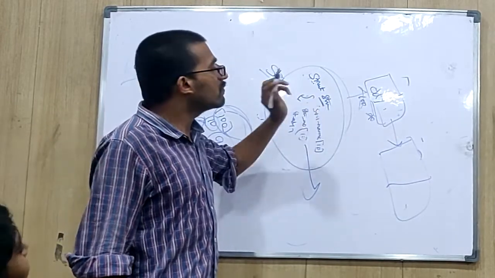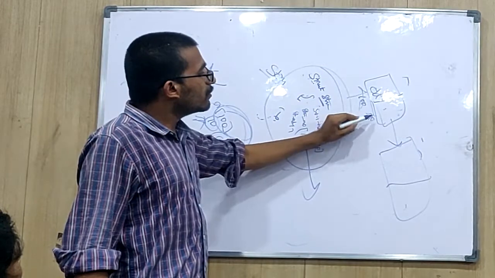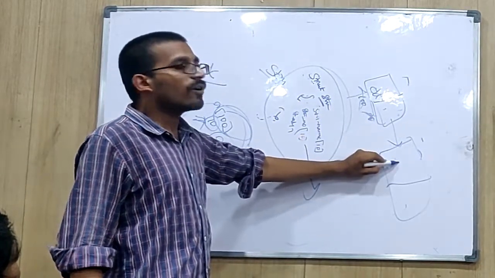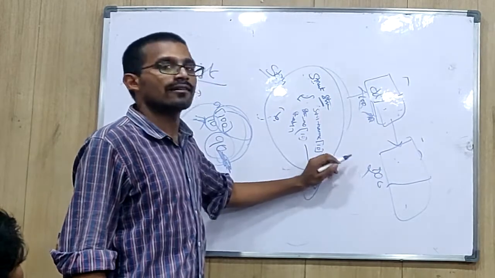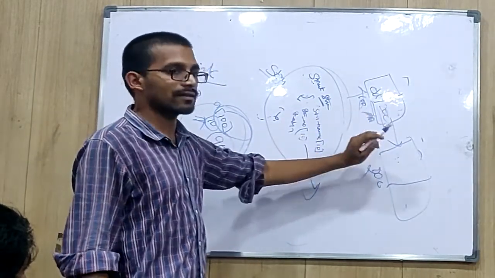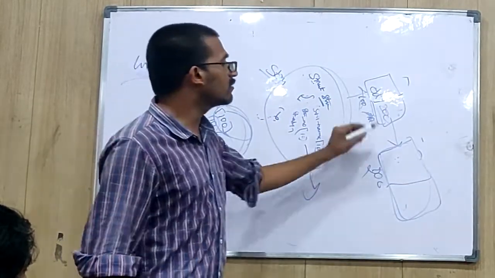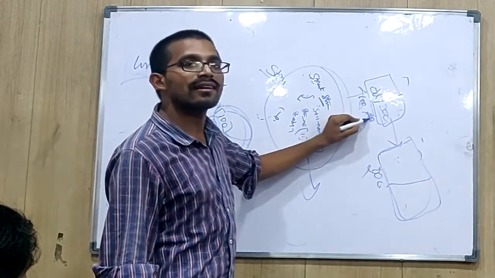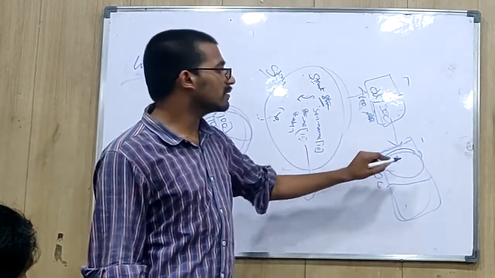If you want to access the next node, you have to hold this address, 200. So here we have 200. It will link to this block. Using this address, we reference it, and we will be able to get this value.